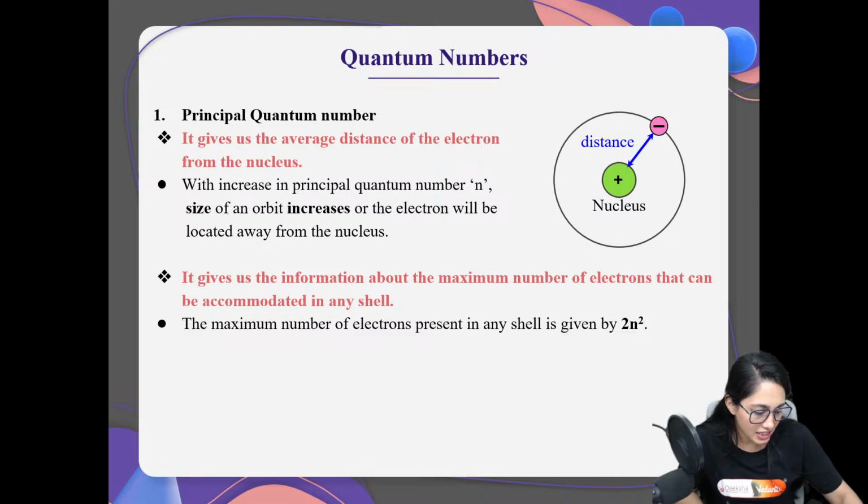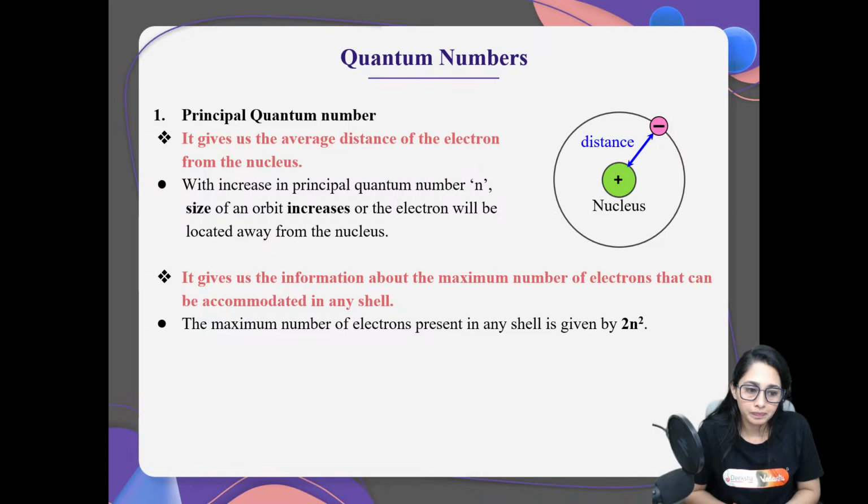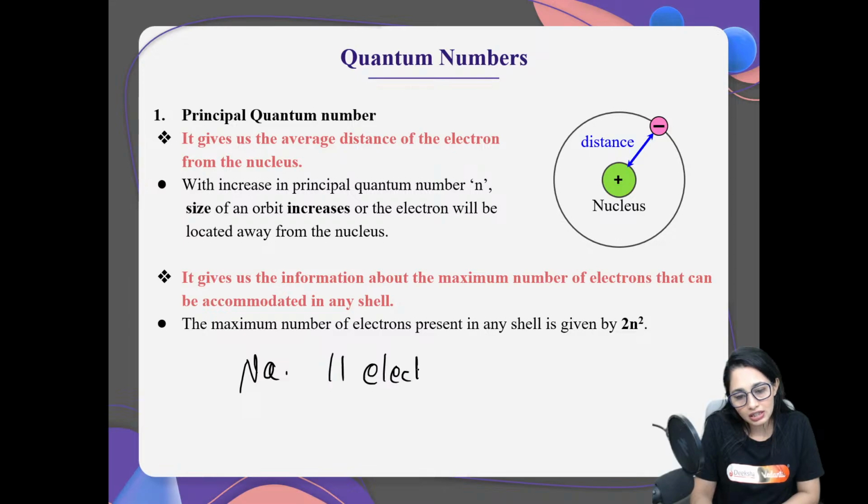This is kind of an example of period, as in the periodic table. Okay. If we take the example of sodium, sodium has 11 electrons. Right?